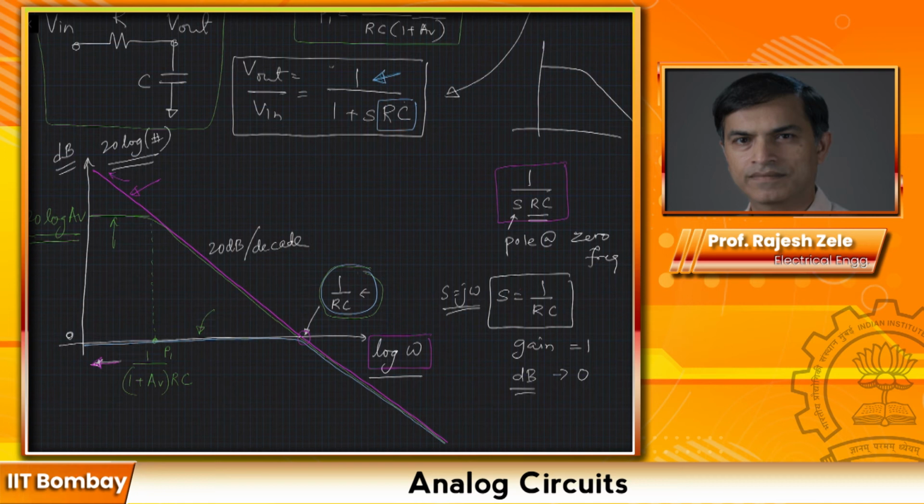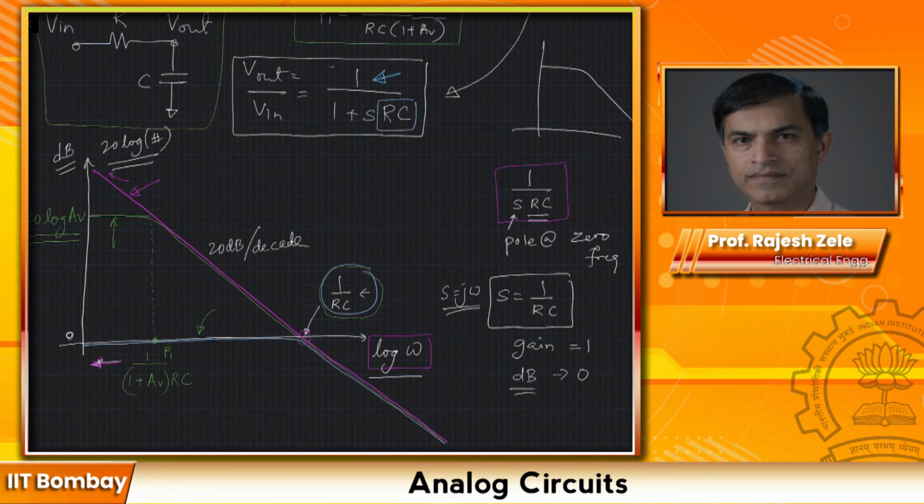It's not really the unity gain frequency, actually, it's a pole frequency now, because as soon as you go close to it, it will drop by 3 dB. The pole location would still be 1 over RC, and at that pole location, the gain would drop by 3 dB.